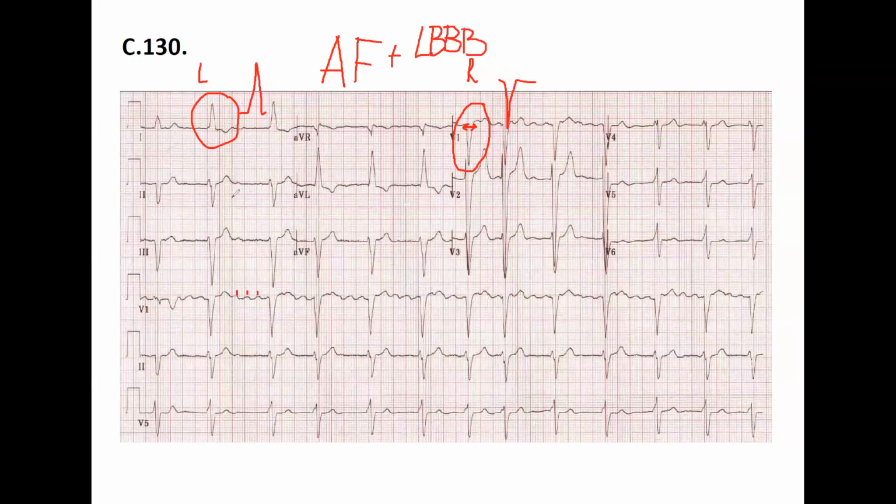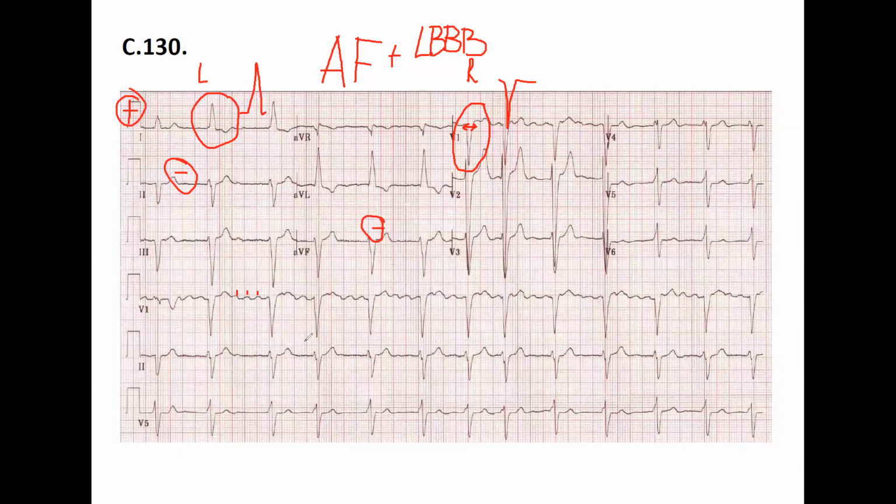Okay, good. What about the axis? Lead 1 is positive, and AVF is negative, and lead 2 is also negative. So I think it's left axis deviation. Pathological left axis deviation. Okay, but because you have a left bundle branch block, we have anterior and posterior fascicles together, which itself can cause pathological left deviation.